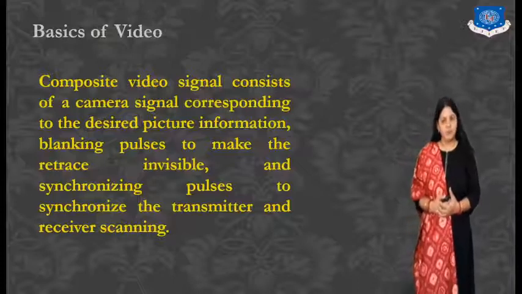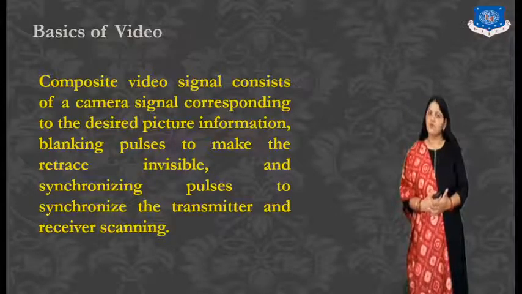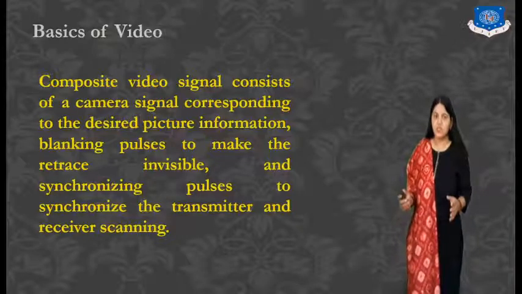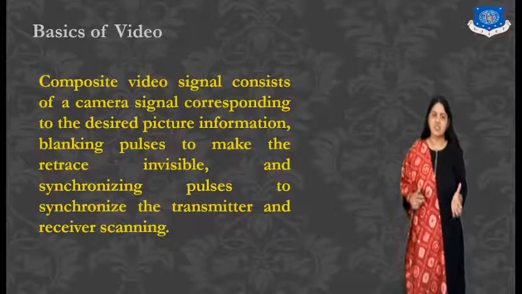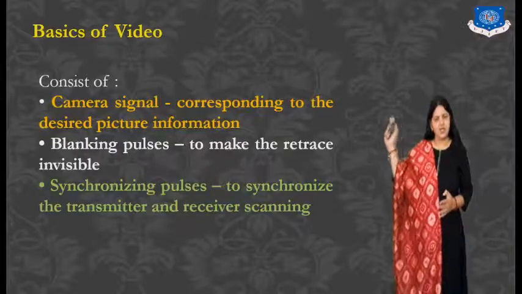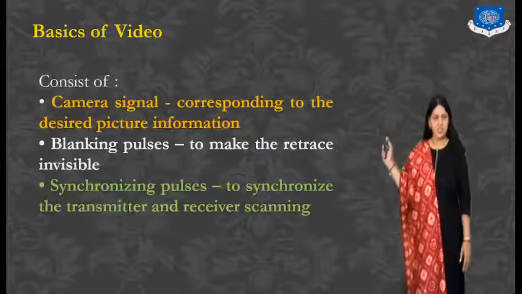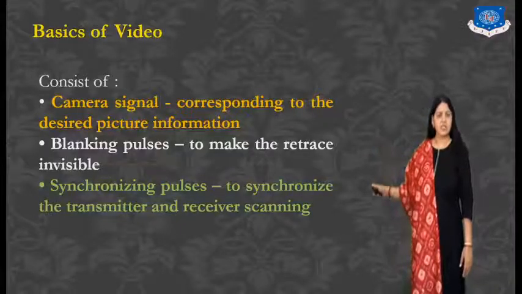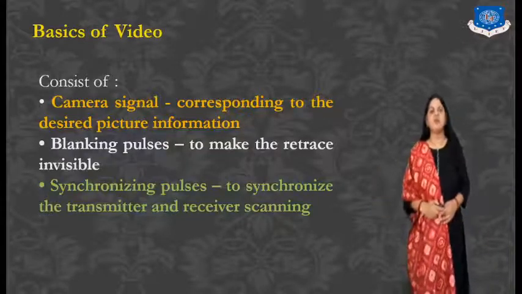So this way the composite video signal consists of three things: first, the camera signal corresponding to the desired picture information; second, the blanking pulse to make the retrace invisible; and the synchronizing pulse to synchronize the transmitter and receiver scanning.